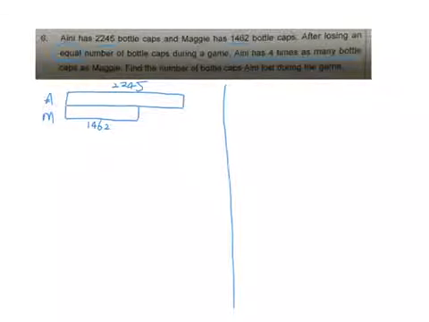So if they lost the same number of bottle caps, which is the red shaded part, the number of units Maggie has left would be 1, because Aini has 4 times as many bottle caps as Maggie. So Aini would have 4 and Maggie would have 1 unit. With this, you should be able to find out the number of bottle caps Aini lost during the game.